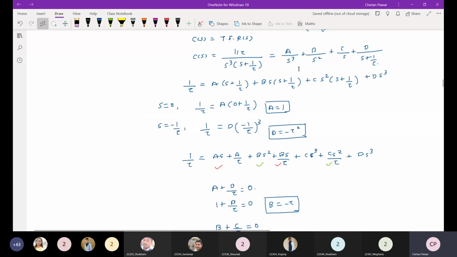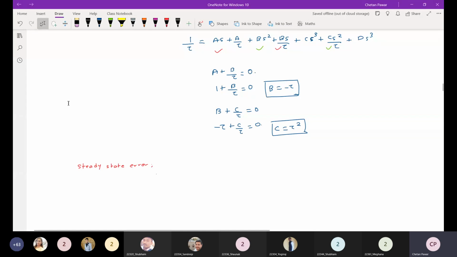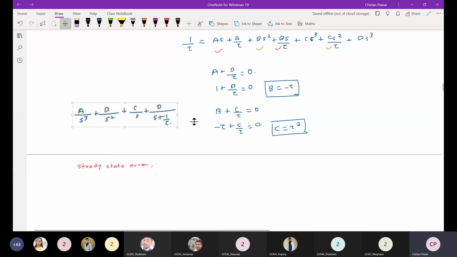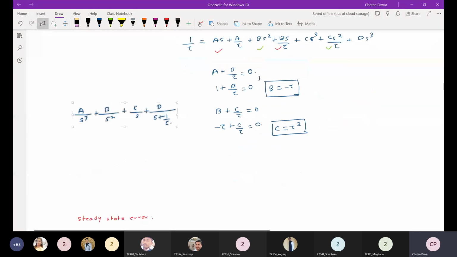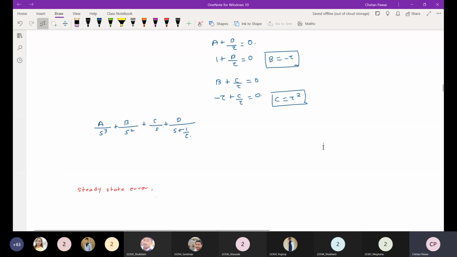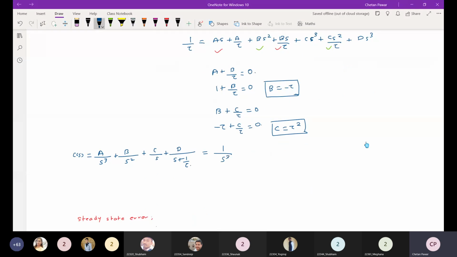Okay, so just put the values in this particular equation. So this is C of s. 1 is 1 only, A is 1 only, B is minus tau upon s square, C is tau square upon s, plus D is what?